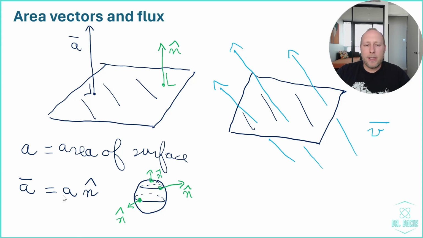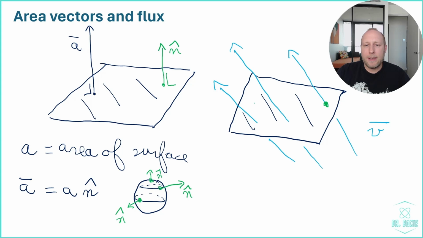And as we saw in one of the previous lessons, one way to determine the component of a vector in a certain direction is to take the dot product of that vector with a unit vector in the direction we are interested in.